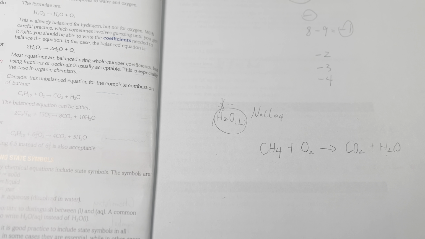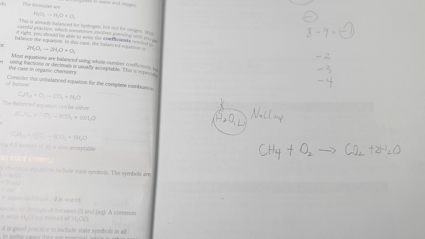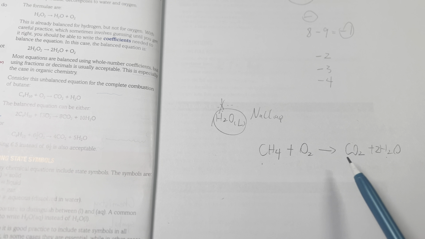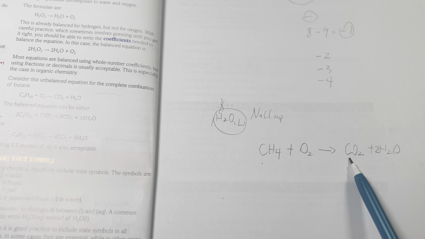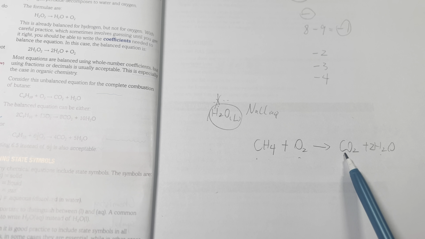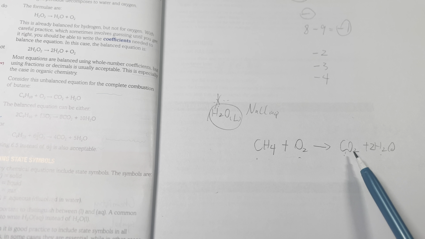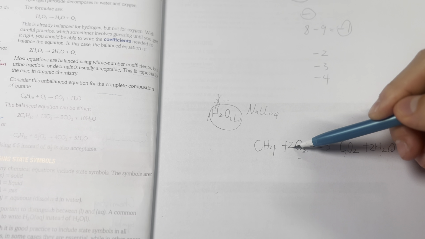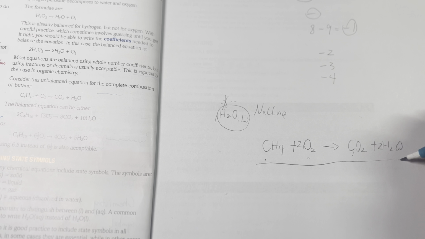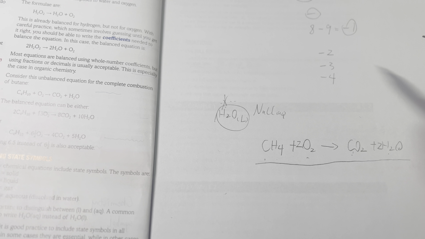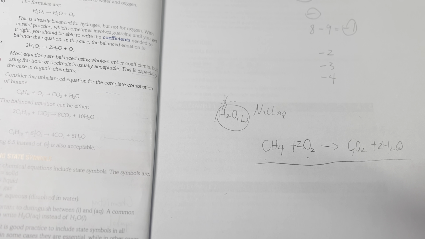How to balance it? Simply add 2. One carbon, 2 hydrogen here, 4 hydrogen. So simply add 2. So there is a balanced equation, but you may lose 1 point in the exam because you forgot to add the state symbol.